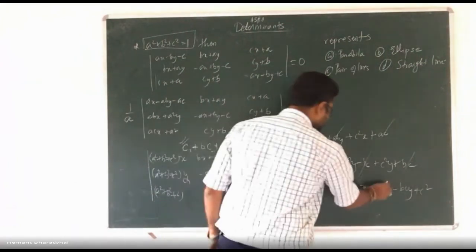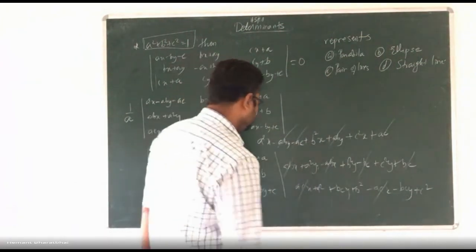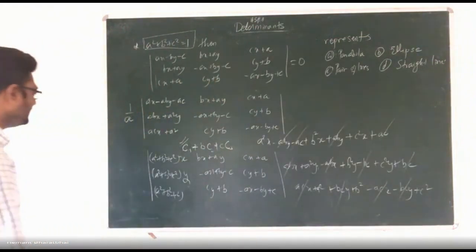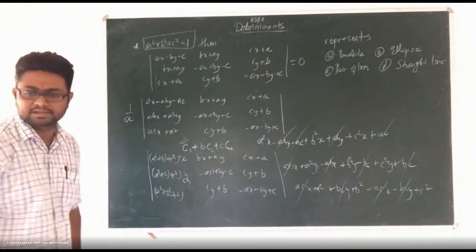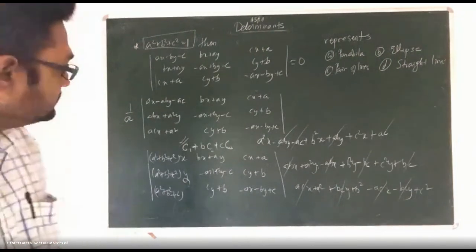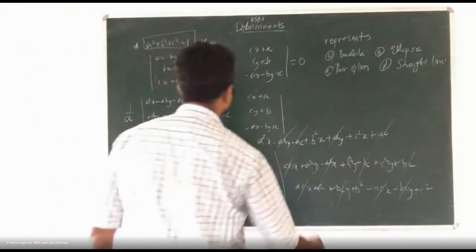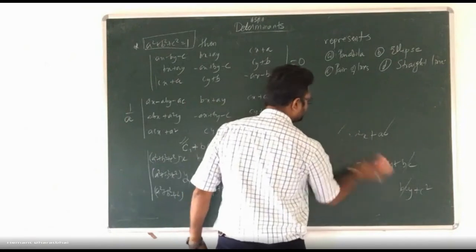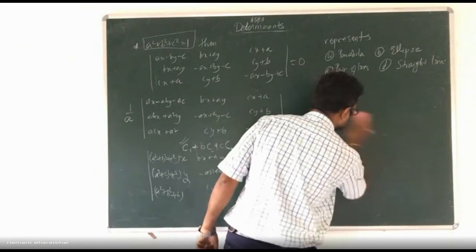So plus ACX minus ACX will get cancelled, plus bcy minus bcy will get cancelled, so I'll just get a square plus b square plus c square. Okay, I hope everyone has understood this. This is a little bit of a complex one.